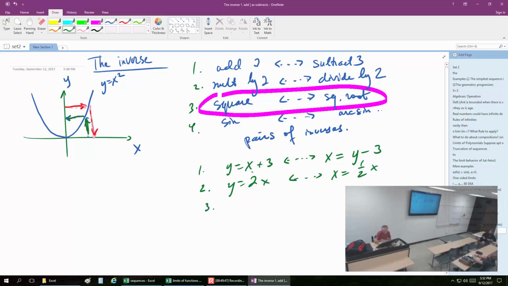And this one is tricky because for y equals x squared, the inverse is x equals square root of y. The trouble is that the reversal is not unambiguous. If you look at the red arrow, you see the problem?